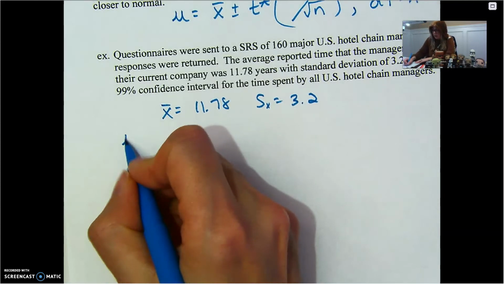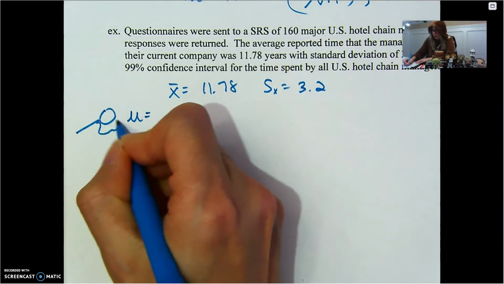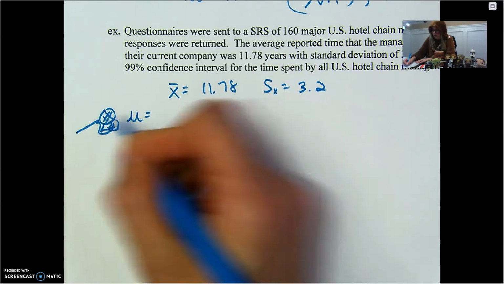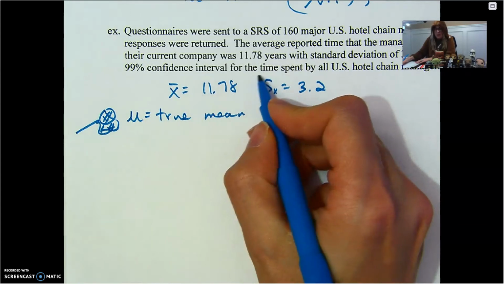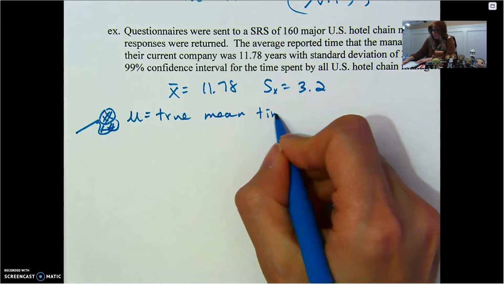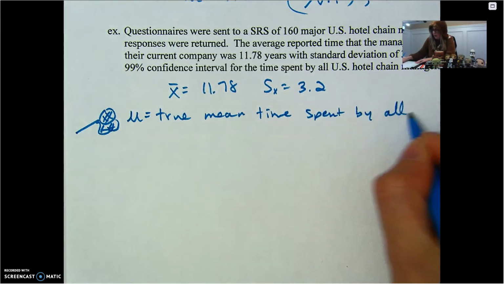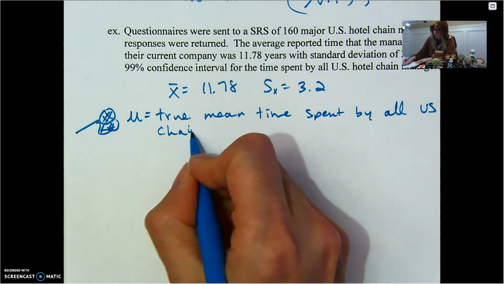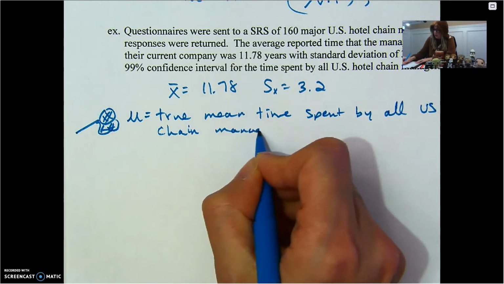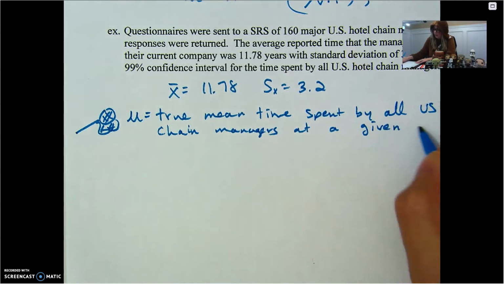All right, first thing we got to do is define what it is we are after. So we're going to capture mu. What we're capturing is the true mean, and I'm just going to steal this sentence. Time spent by all U.S. hotel chain managers at a given company.